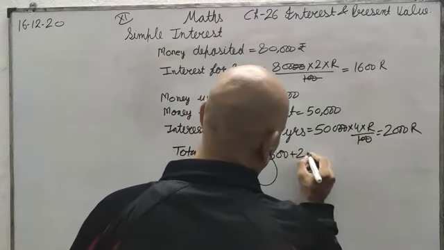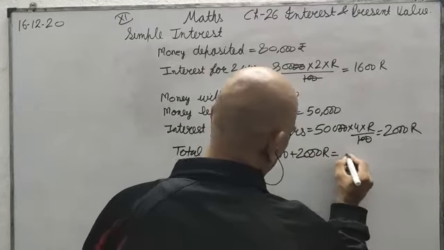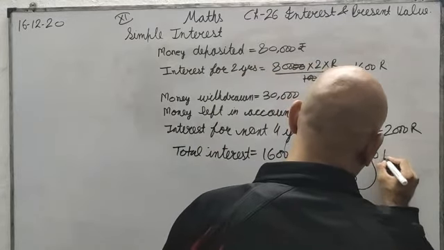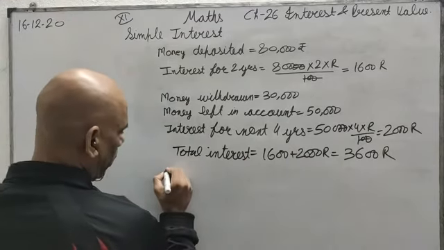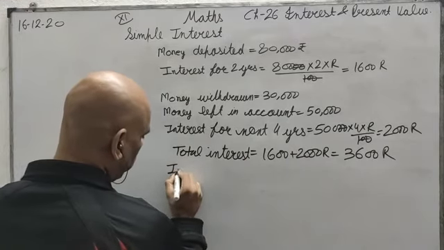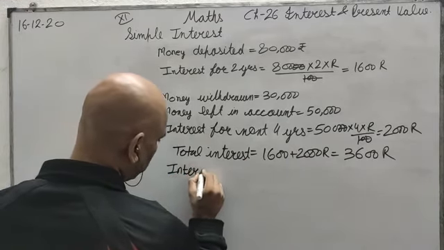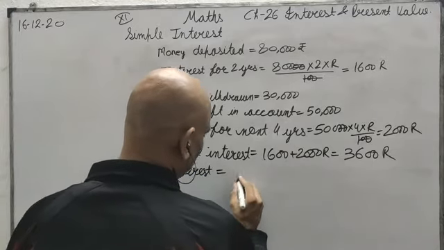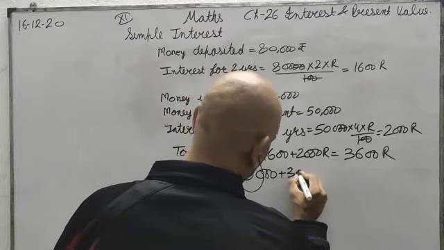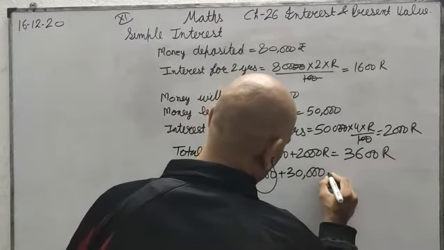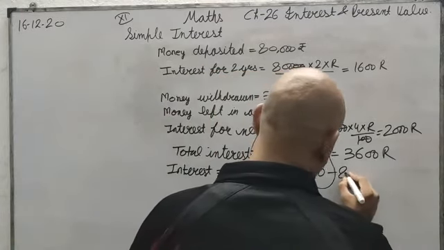$1,600 plus 2,000 r, that is 3,600 r. Okay, and amount and interest, how will you get the interest? He got 98,000 at the end, he withdrew after 2 years, and he deposited 80,000 rupees.